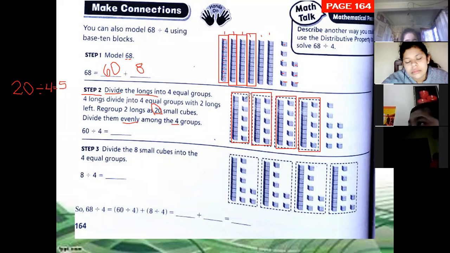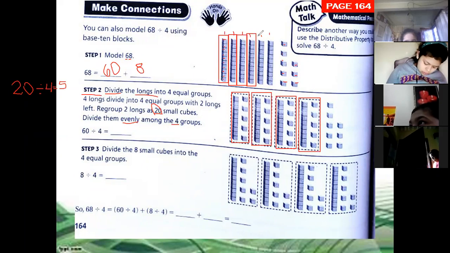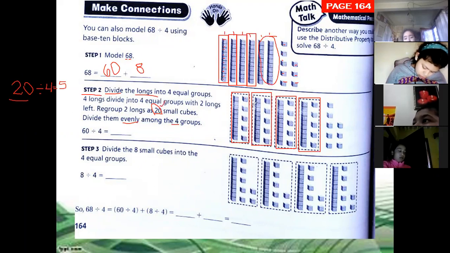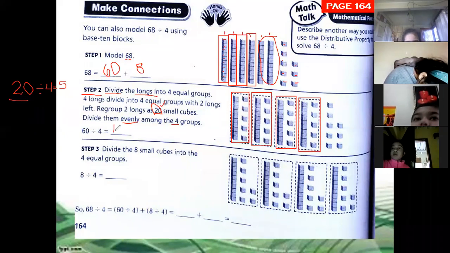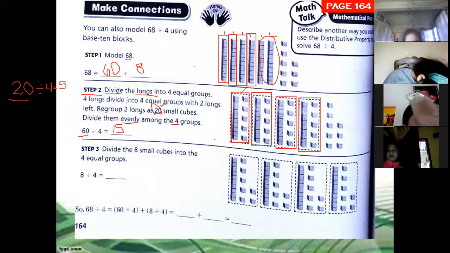That's why we have 5 here in each group, because what we did is to regroup these 2 longs into 20, and then we divide the 20 into the 4 equal groups. So 5 ones for each one. 60 divided by 4 equals 15. Why 60? Because we didn't divide these 8. We haven't done this one, just the 6 longs.